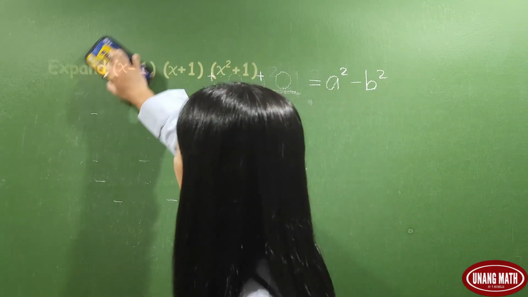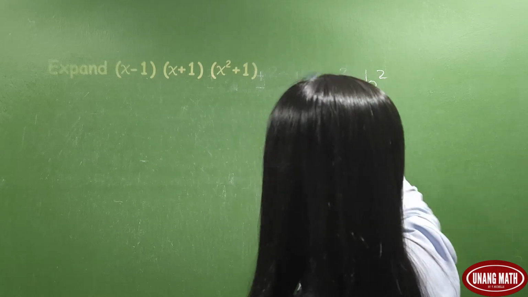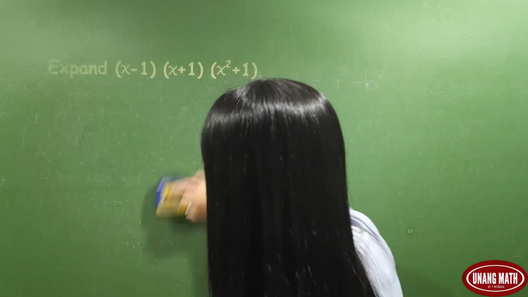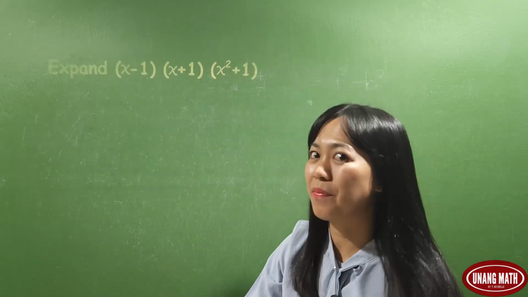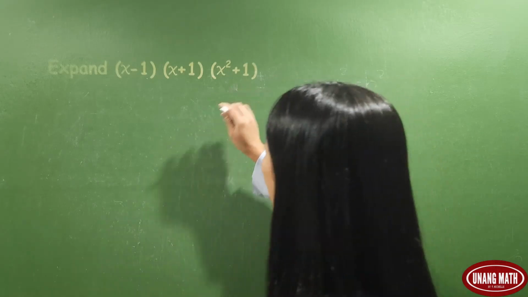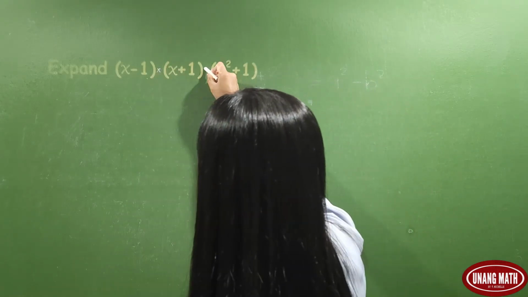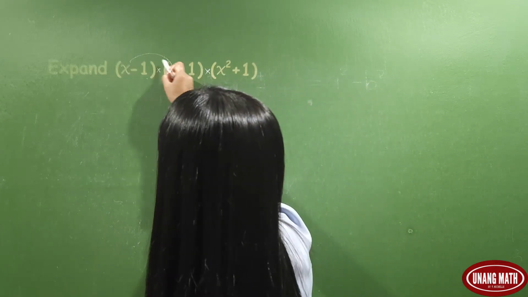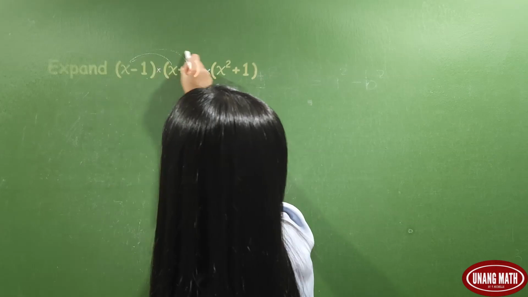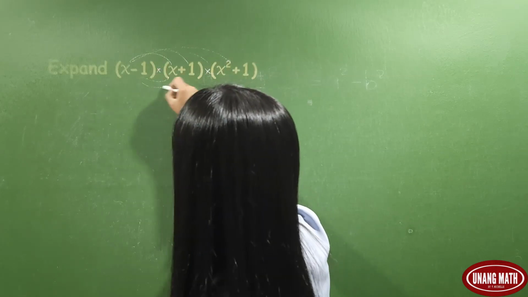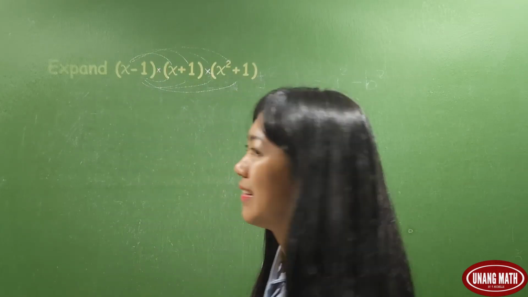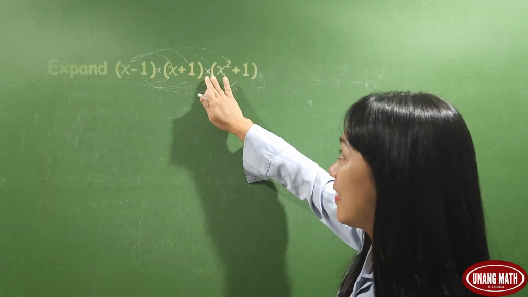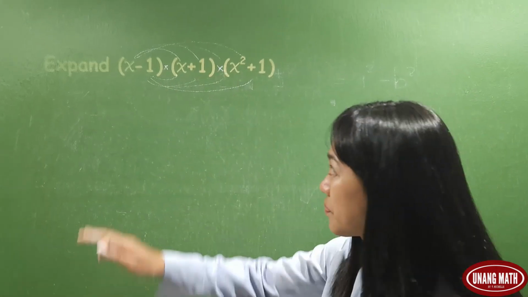Okay, how about this problem? We will expand x minus 1 times x plus 1 times x squared plus 1. The operation between here is multiplication. We are not going to use the distributive property in expanding these expressions.